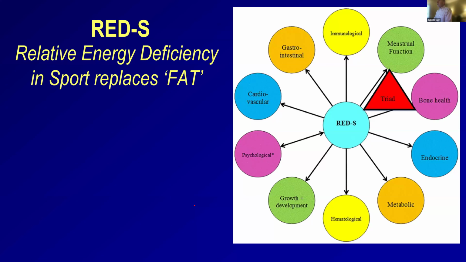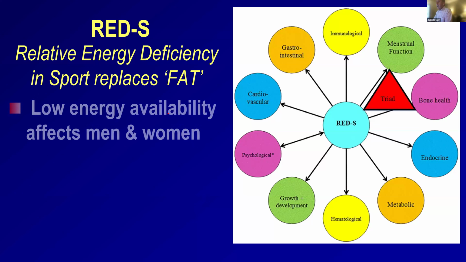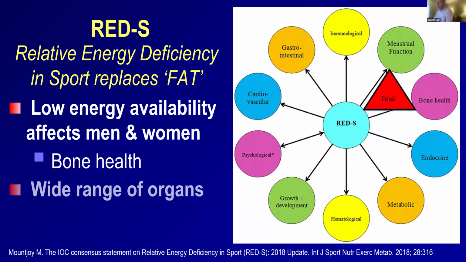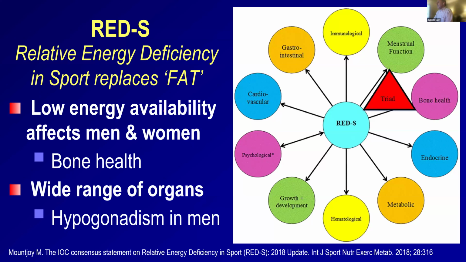Relative energy deficiency in sport, therefore, in many places has replaced the term female athlete triad, given that low energy availability can affect both men and women, affecting not only bone health, but a wide range of other organs as well, including in men, hypogonadism.